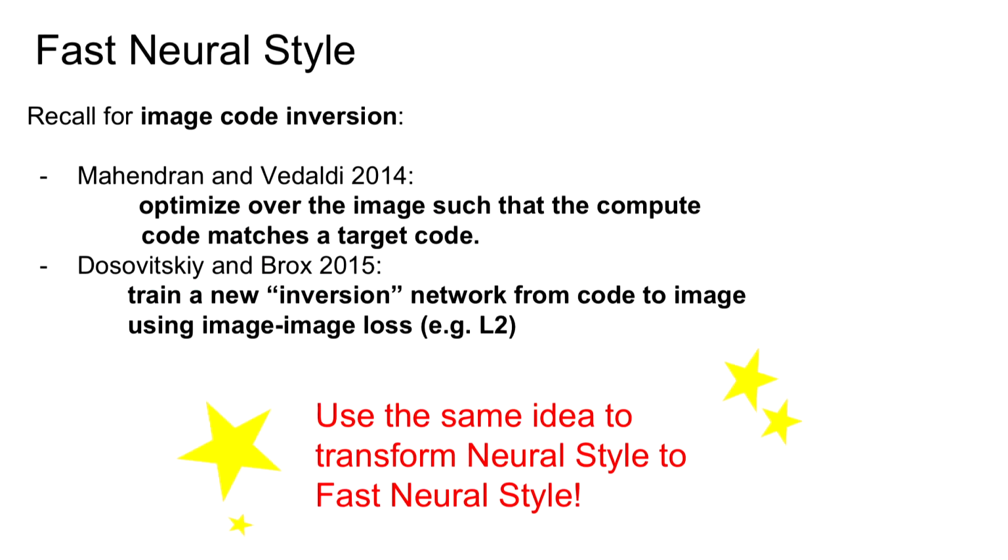All right, so the idea here, what we looked at first was to optimize the image such that the code matches the target code and the style matches the style, but that's an iterative process. The second approach was to train an inversion network from the code to the image with an image-to-image loss.